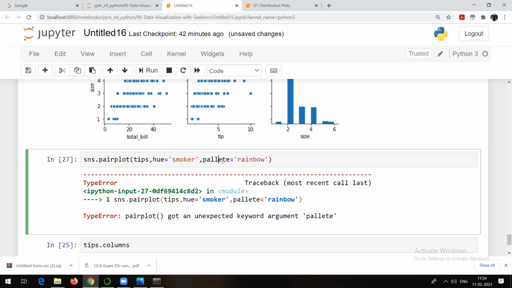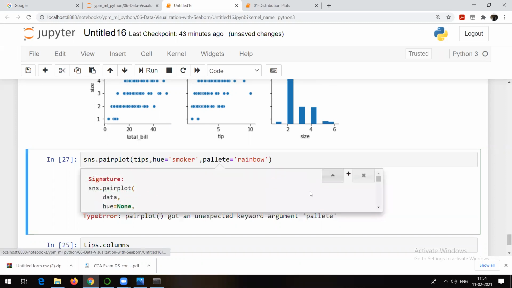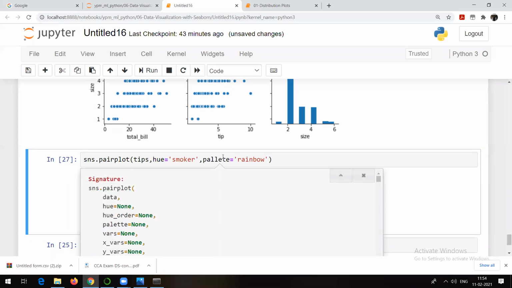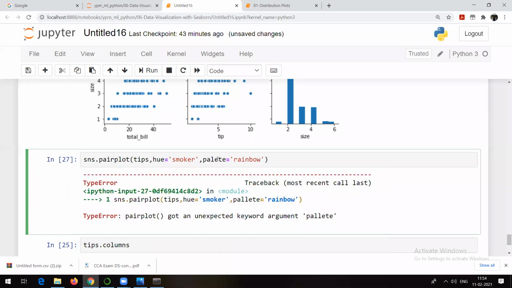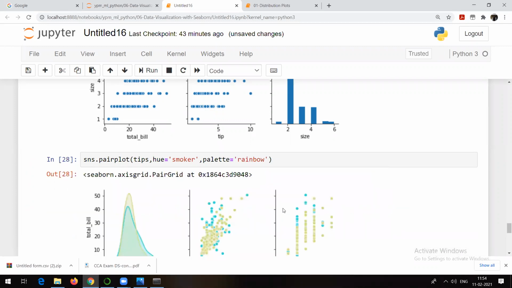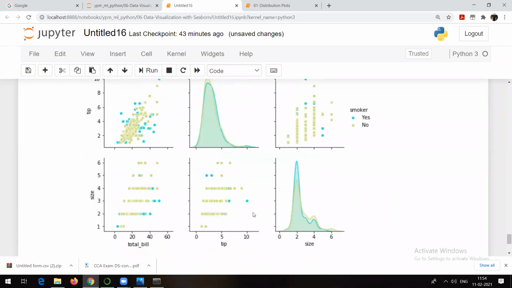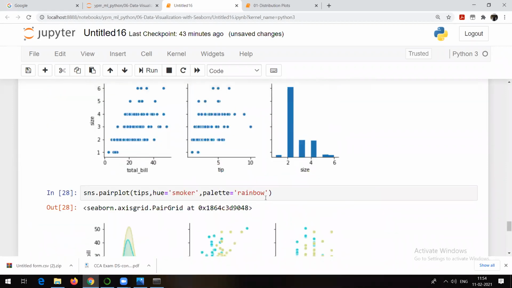Okay, spelling is wrong. PALETTE, it should be L. Okay, palette. Now it will run. Now see, the color is changed. This is just a fancy thing I can say. So it's somewhat faint color now.